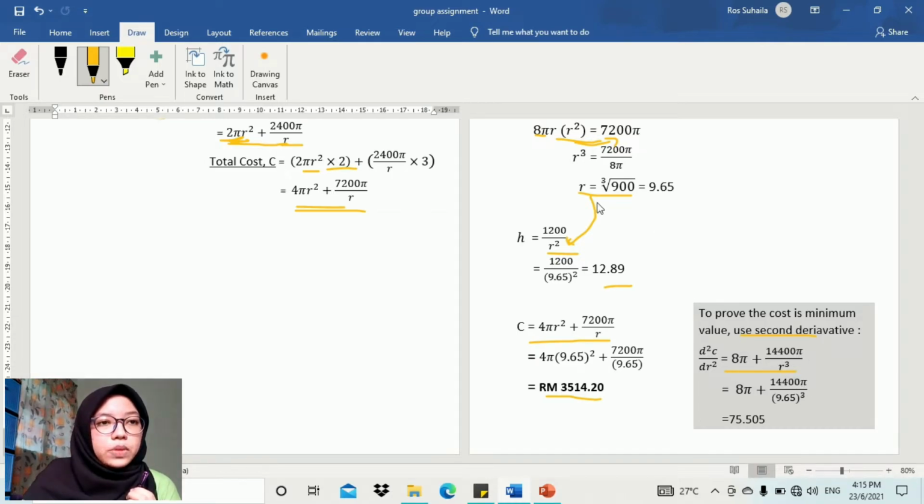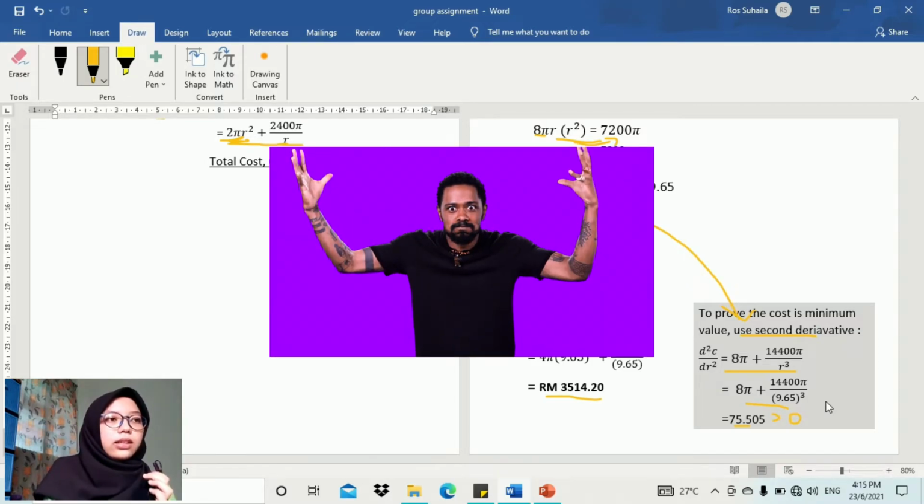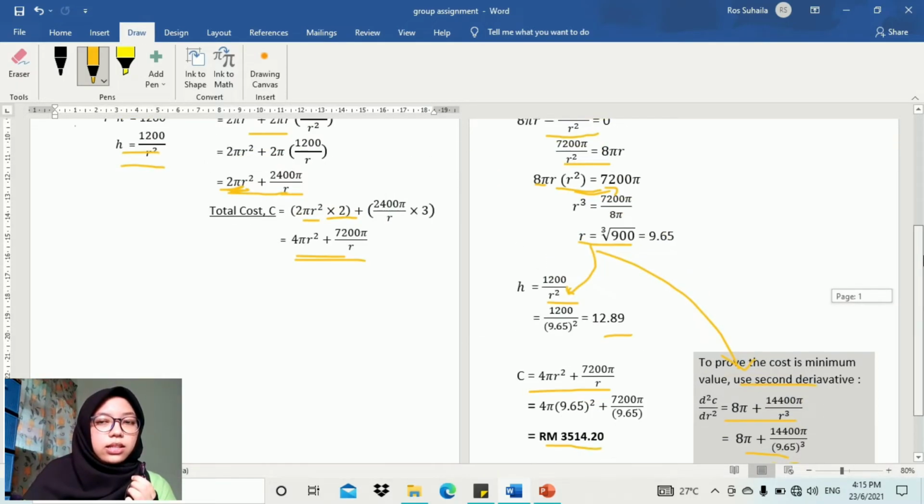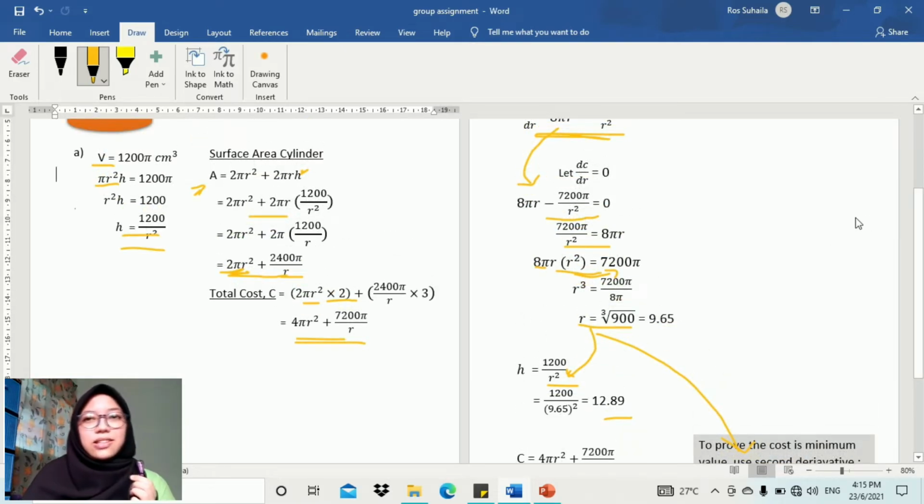And then we substitute r into the equation. We got 75.505, which is bigger than 0, which means it's a minimum. So the cost is minimum. So that's I have answered all the questions. So thank you. That's all from me.